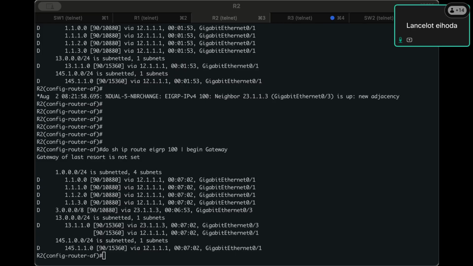Every other EIGRP router on that segment will not hear it, because it is sent as a unicast to one particular router, not as regular multicast to every router running EIGRP. Clear enough? Yes, clear. Thank you.